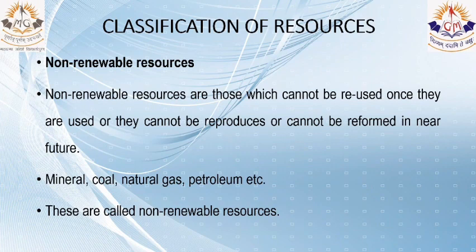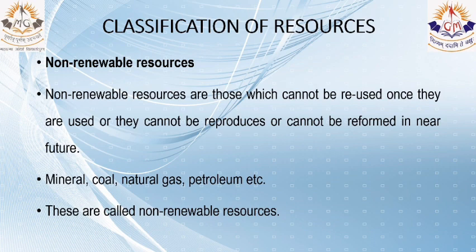Now, let us have a look at non-renewable resources. Non-renewable resources are those which cannot be reused once they are used, or they cannot be reproduced, or cannot be reformed in near future. For example, coal or petroleum, it has taken millions of years by nature to make them.